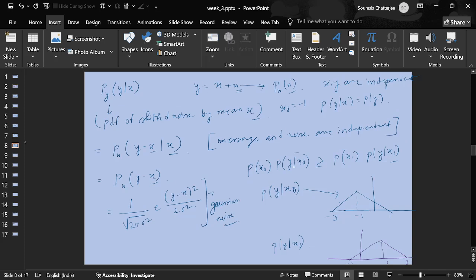So this is all about likelihood. What we need to do next, because we are asked about the MAP receiver, is multiply them with their prior probabilities, right?